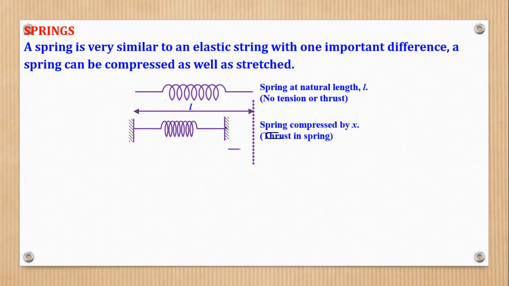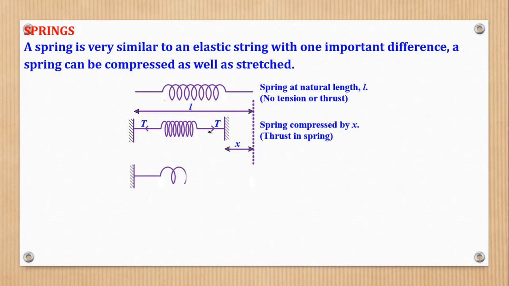And this difference is what we call the compression. Now you know the difference. In tension, the arrows were facing each other. In thrust, in compression, the arrows face away from each other. So each time a spring is compressed, always remember to show the arrows in this form. They face away from each other.